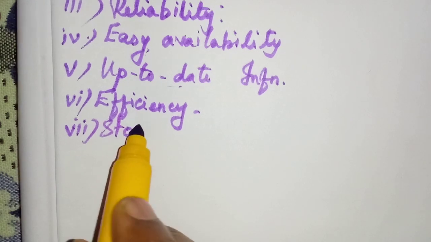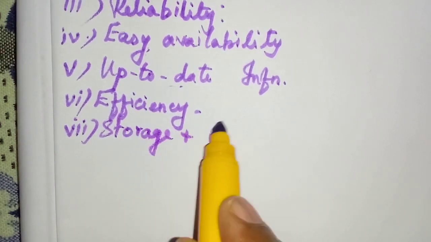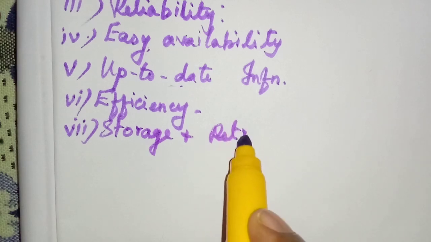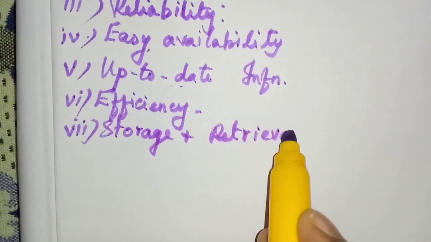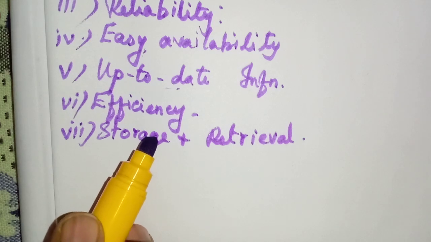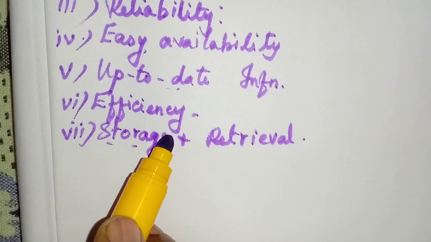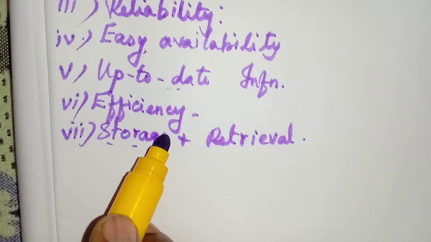Then storage and retrieval. Here storage is very easy, keeping a computer, and even the data, everything is available. A large quantity of data is stored in a simple computer.